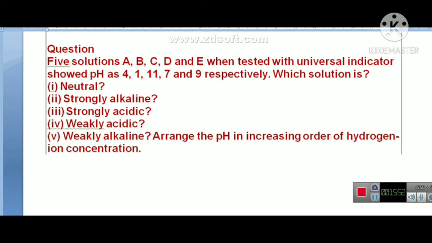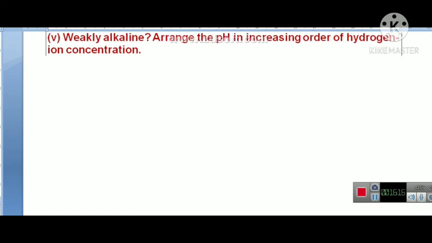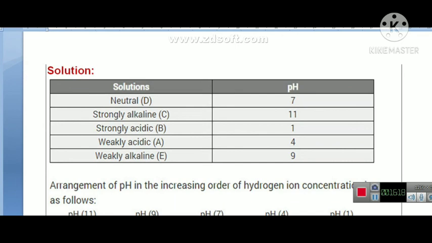They are tested with universal indicator and show pH: A has pH 4, B has pH 1, C has pH 11. You can see this chart and understand the nature of the solution according to the pH.